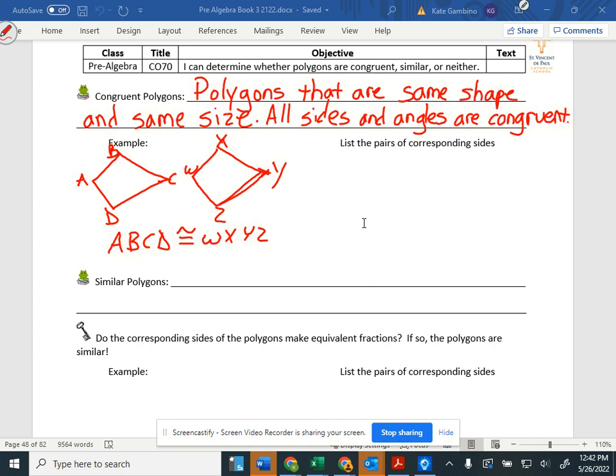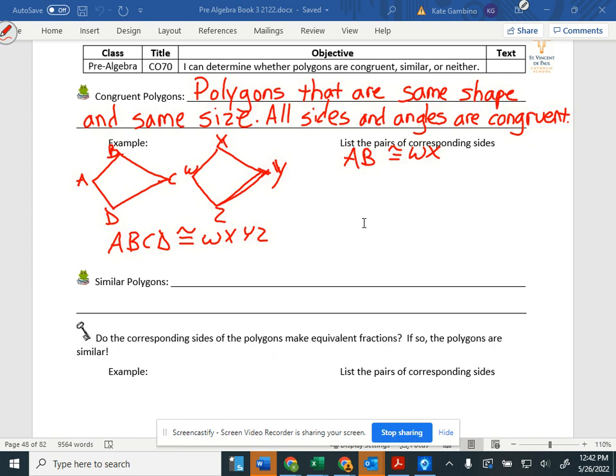So list the pairs of corresponding sides. So what do you think that means? Like list the letters that are on the same side. The letters that are congruent. So we want the line segments that are congruent. So if I have AB, what is AB congruent to? WX.